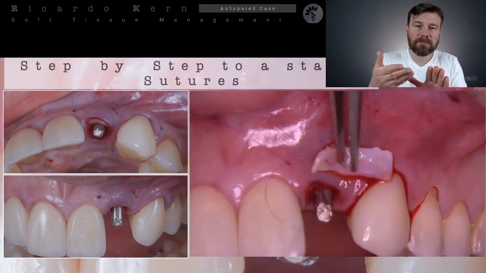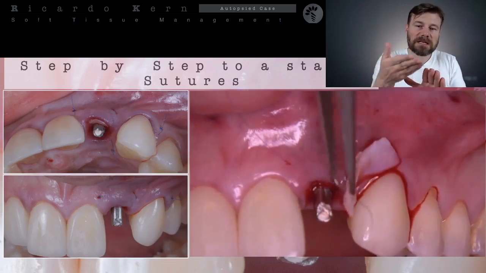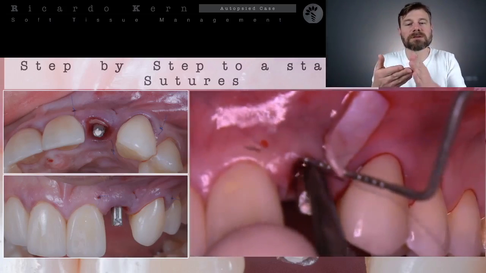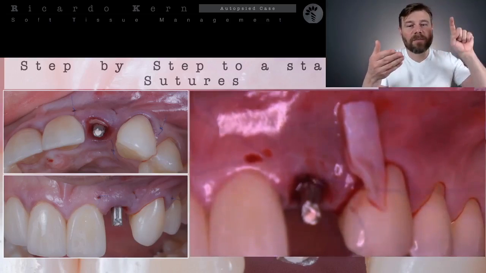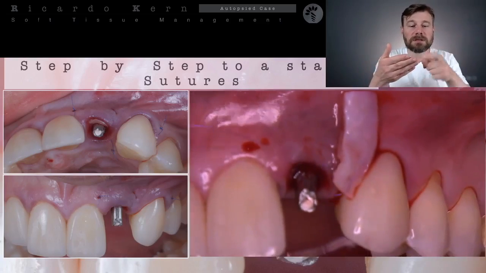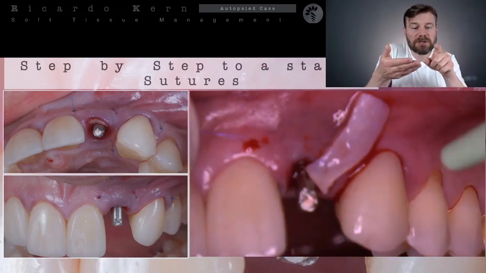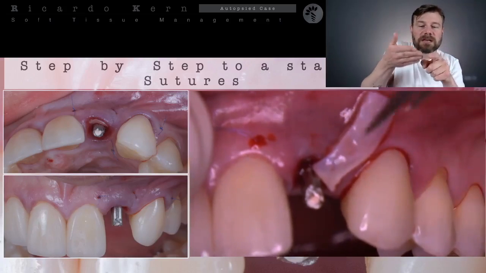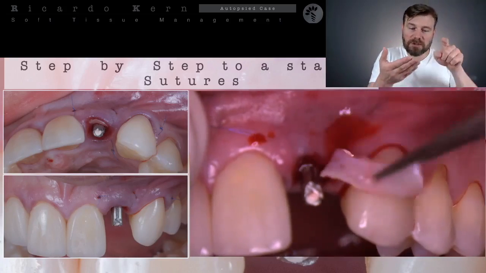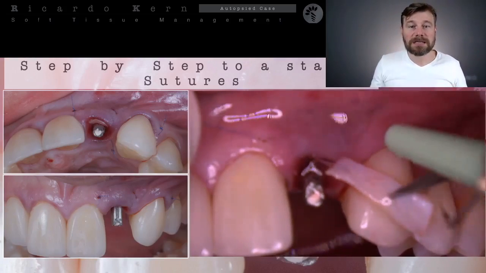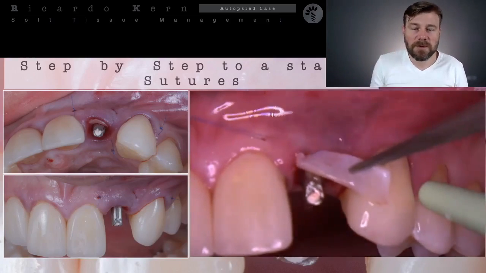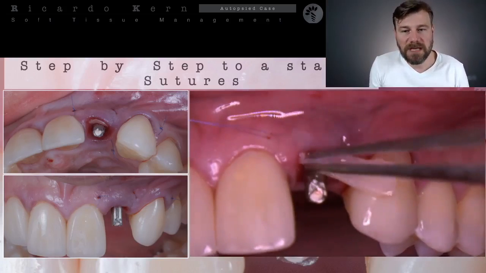We introduce a probe inside the tunneled area to feel how far I have prepared, and from that point we engage the needle under this tissue, and we raise the tunneled area with the probe to make the way for my needle to go through the tunnel area until the sulcus area.